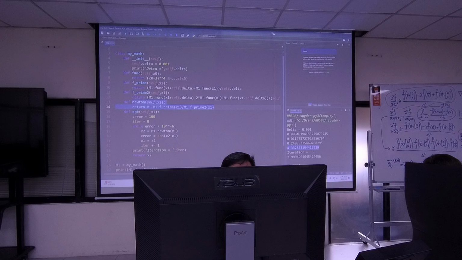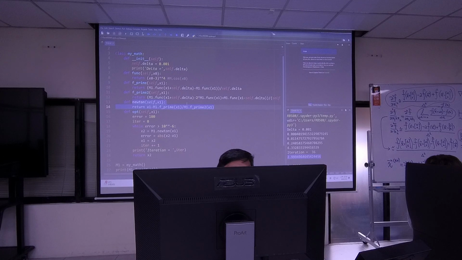The right answer is 3. But one trial of this Newton method gives me 4.3. It's not 3 yet. So from the while loop, this code actually iterated 36 times. At the end, it found a value close to 3.